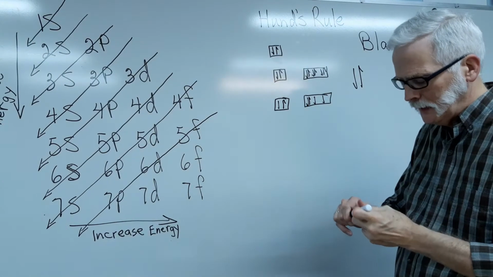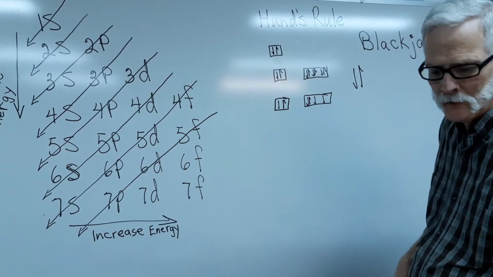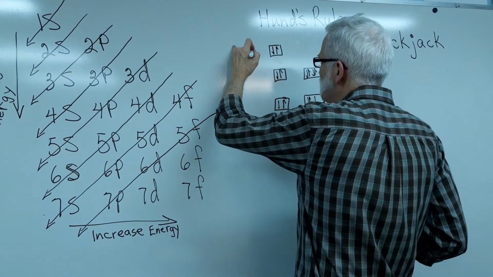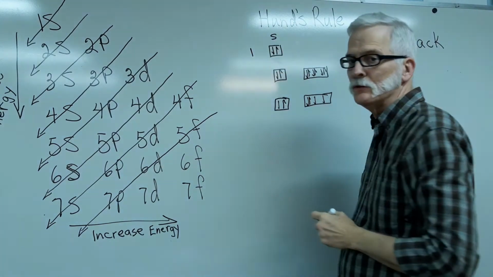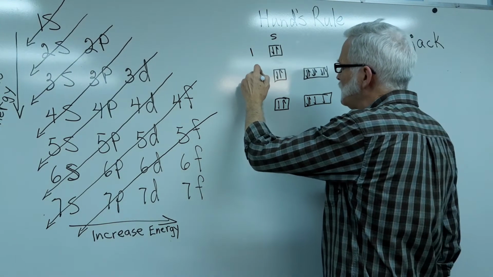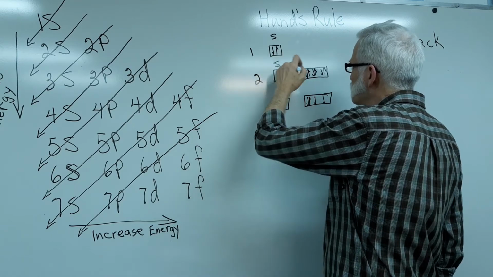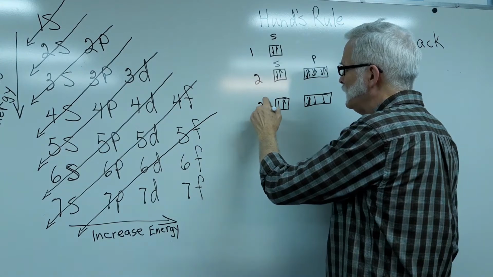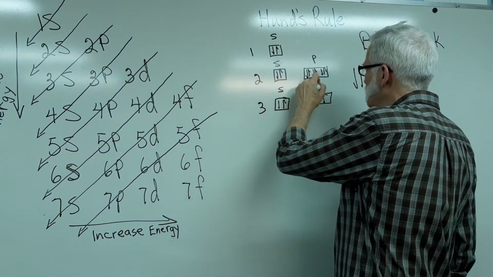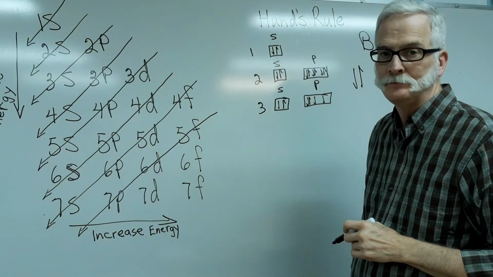Now, let's look at what happens here. I've got the first energy level and the s orbitals. I've got the second energy level, the s orbitals and the p orbitals. I've got the third energy level, the s orbitals and the p orbitals.